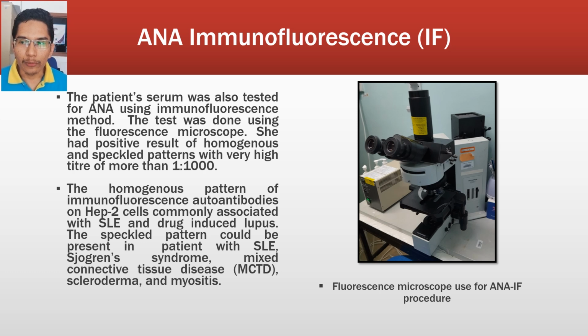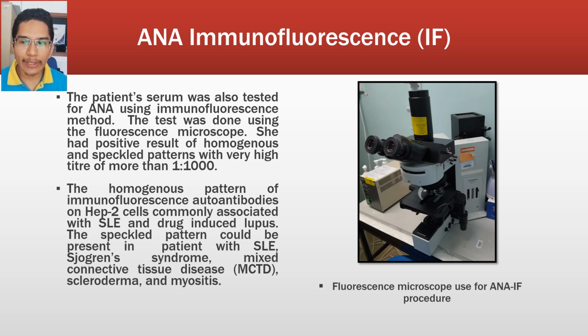ANA immunofluorescence (IF). The patient's serum was also tested for ANA using the immunofluorescence method. The test was done using the fluorescent microscope. She had a positive result of homogeneous and speckled pattern with very high titer of more than 1:1000.